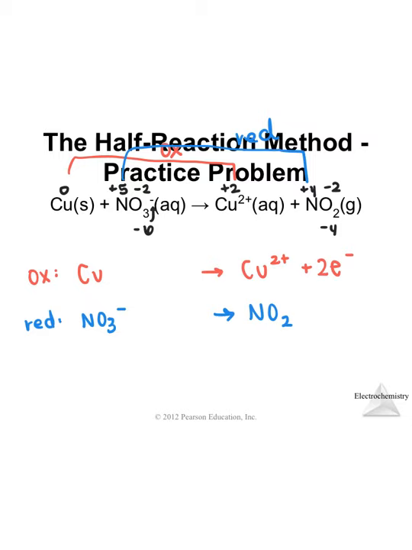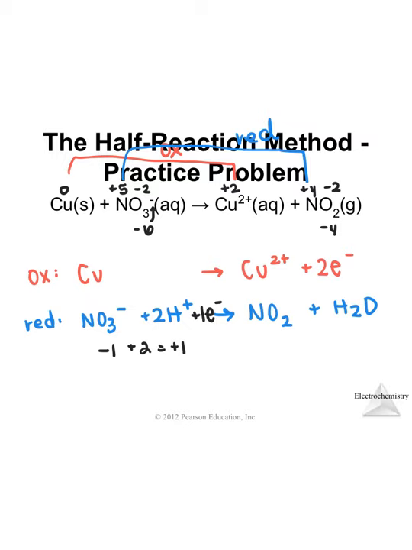I have 3 oxygen on the reactant side and only 2 on the product side. So my products are going to need a water to get that 3rd oxygen, which adds 2 hydrogen. So I'm going to need to add 2 hydrogen on this side. And then the last part is my charges. So I have a -1 here, and then +2 for a +1 on this side. And I don't have any charges on my product side. So I'm going to need to add 1 electron to the reactants to get this to balance.